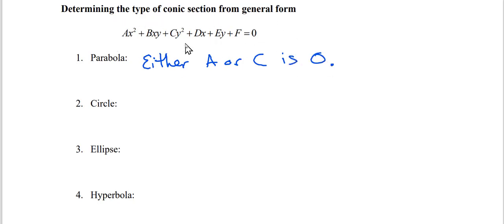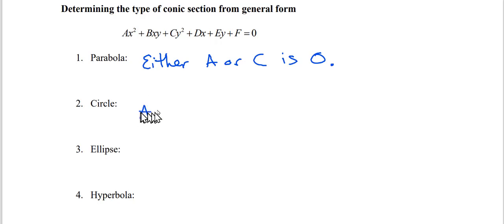This would be the general form of a conic section. You only want either x squared or y squared, not both. So if you have a y squared, so C is not 0, you need A to be 0. One or the other has to be 0 to make that squared term disappear.